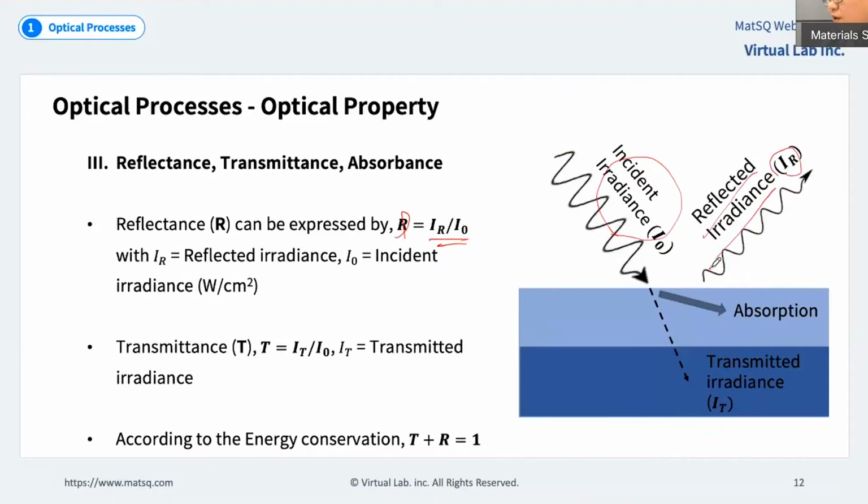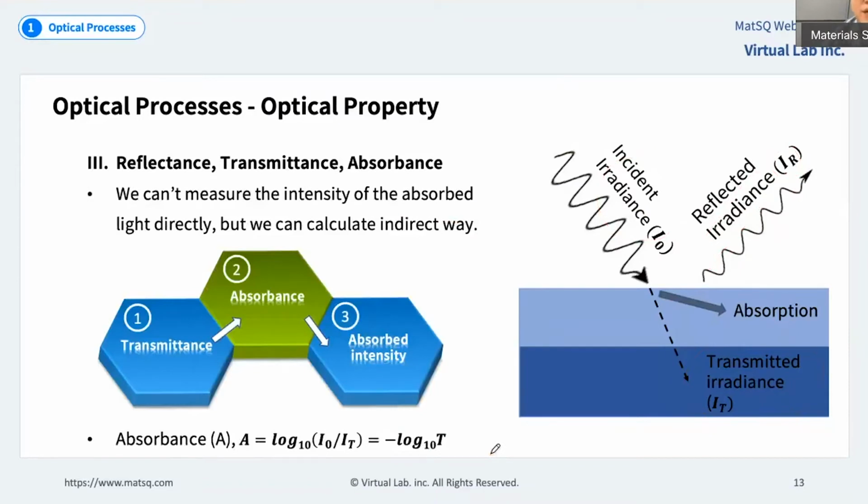The typical unit is watt per square centimeter. Transmittance T is defined by IT and I0. I0, as I mentioned, is the incident irradiance, and IT is the transmitted irradiance, right? The ratio between IT and I0 defines the transmittance. So according to energy conservation, T plus R should be 1.